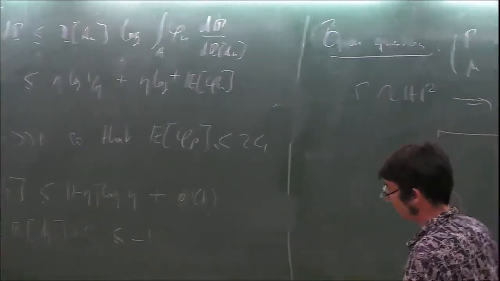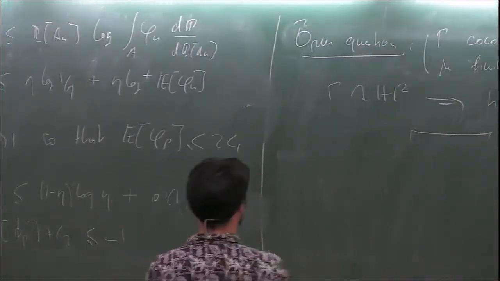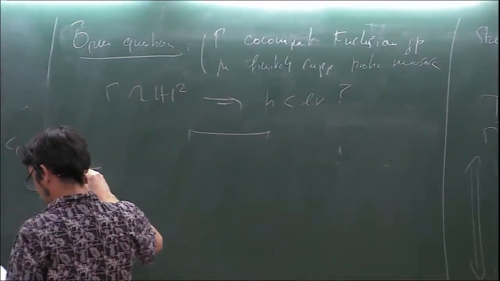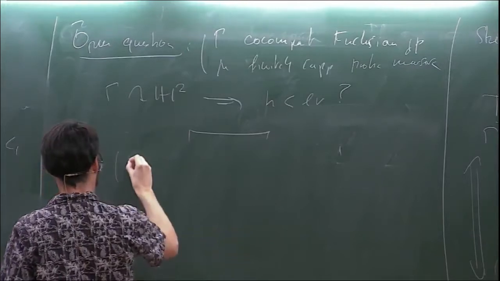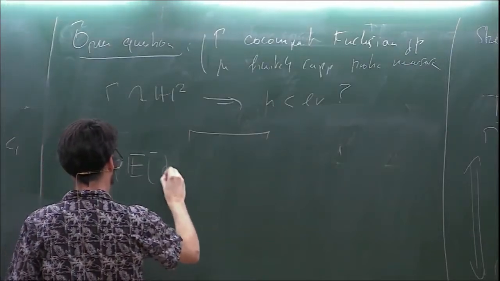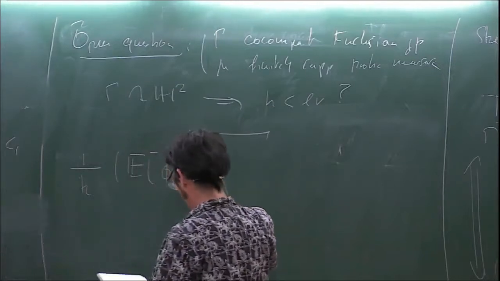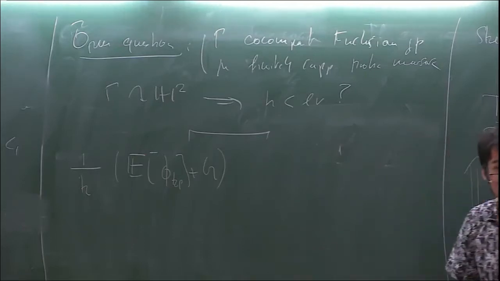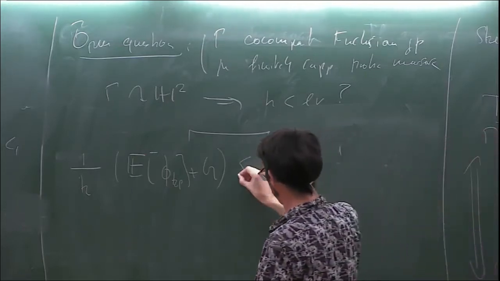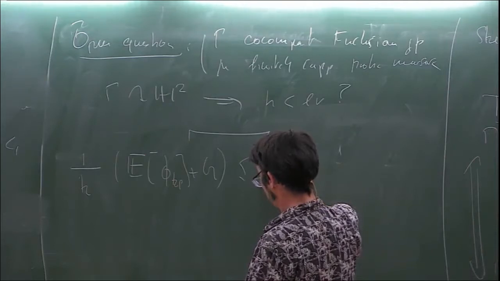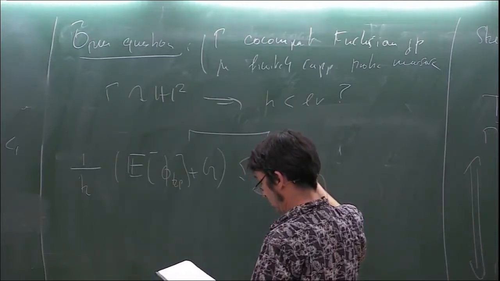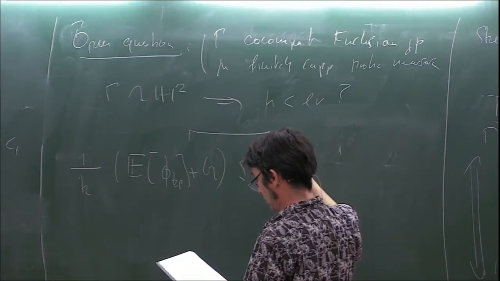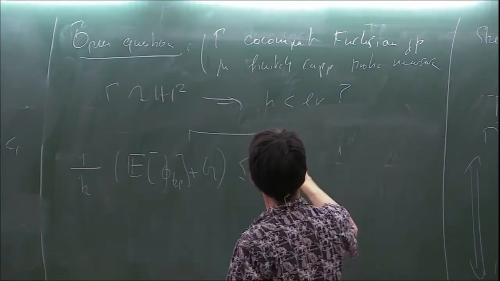Okay. So the idea is what? I want to look at 1 over k expectation of phi of k times p plus C2. Because it is subadditive, this is smaller than the expectation of phi p plus C2.